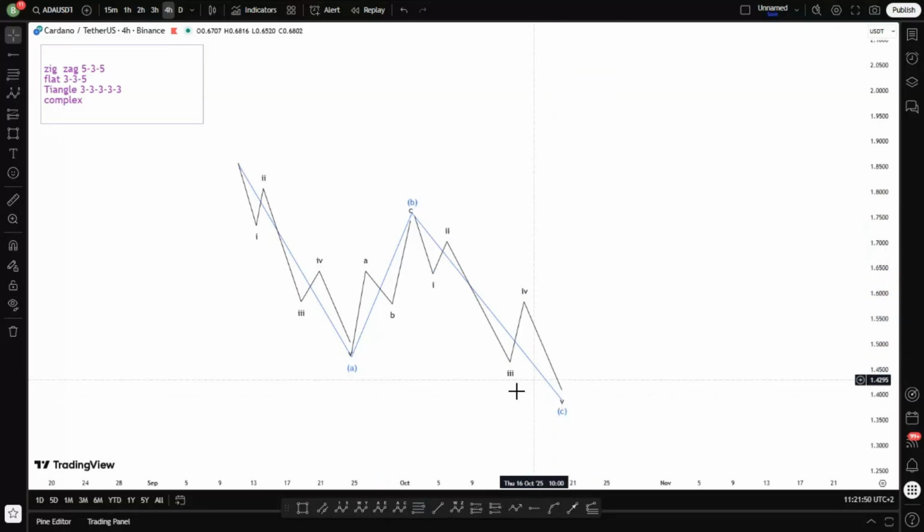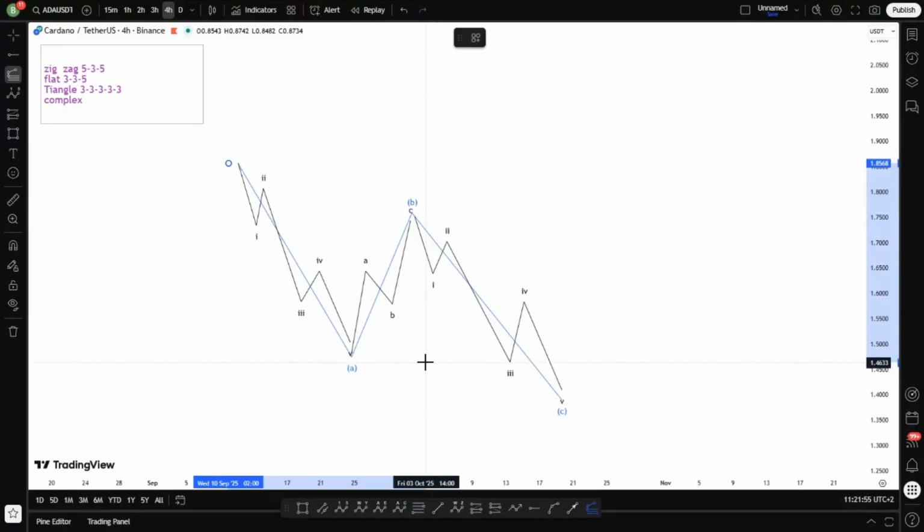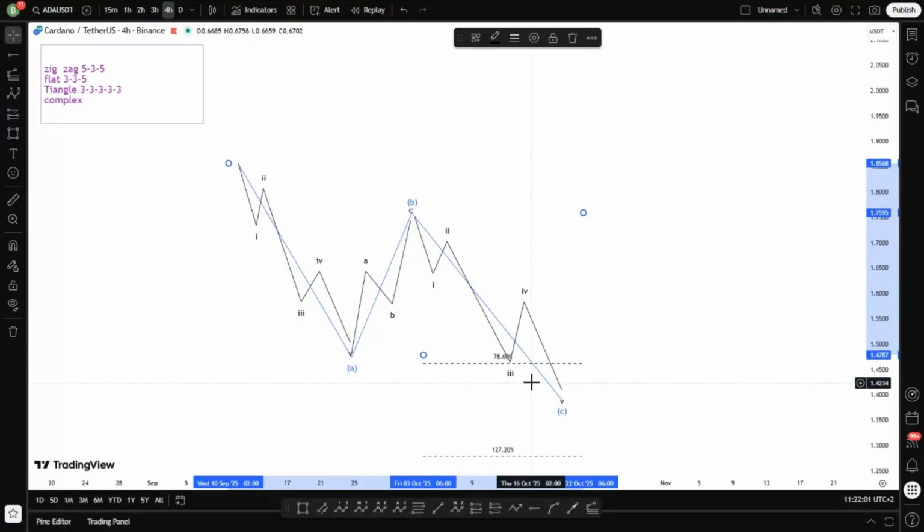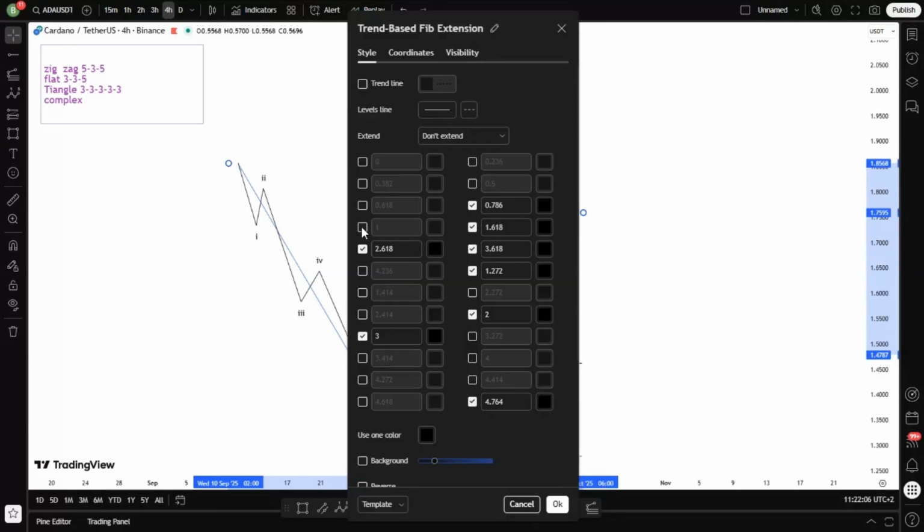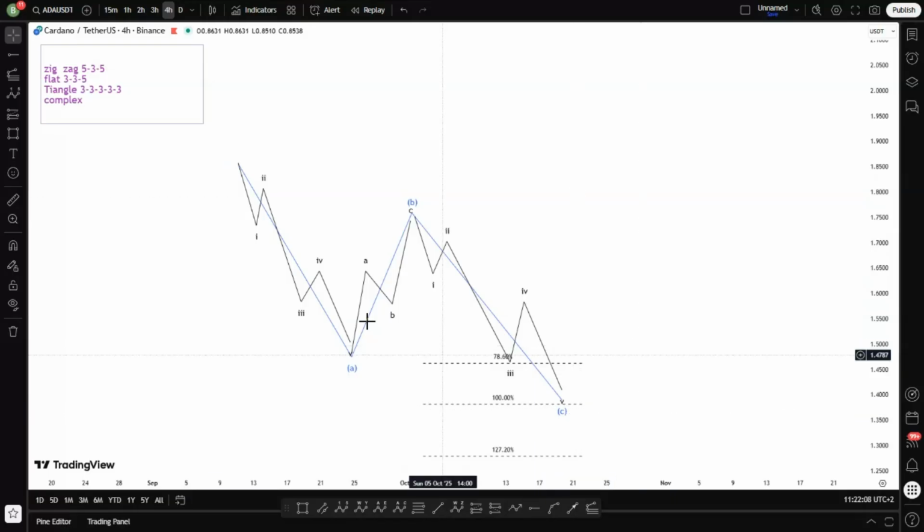The typical Fibonacci extension levels that are common for an ABC zigzag, as I've said, for the retracement and then the extension at 78.6, or it is typical to see wave C travel 100% of wave A. Sometimes it can overextend to 127.2, which is again most typical.